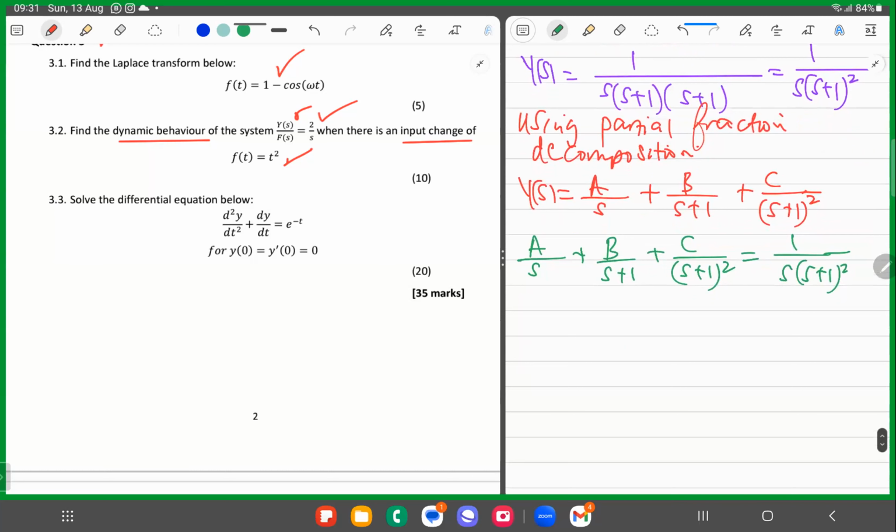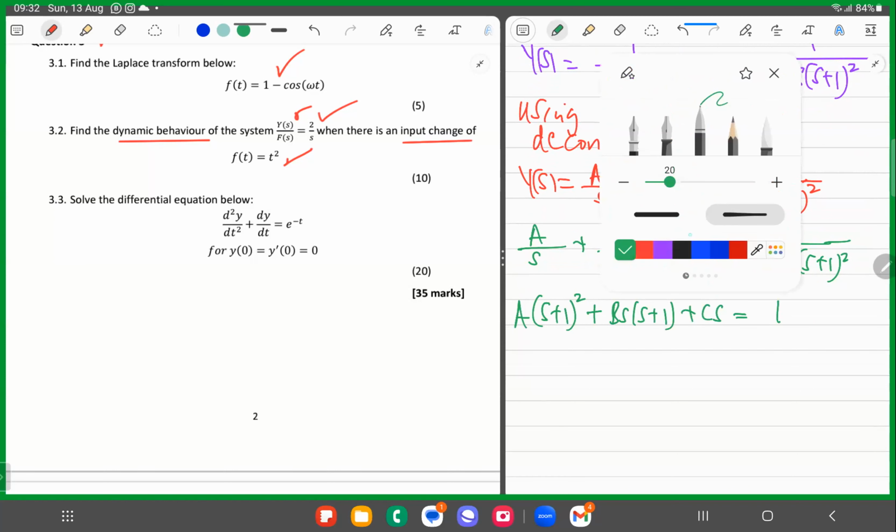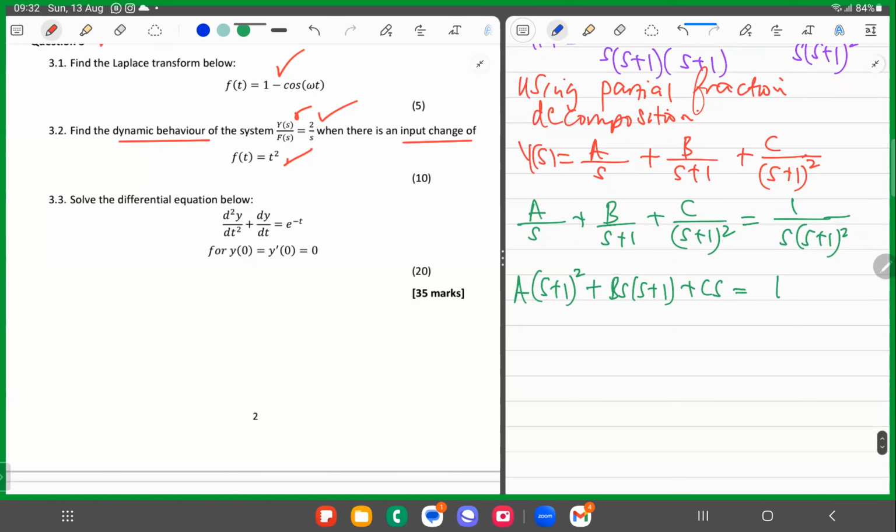So if you multiply out by the denominator, it becomes A into s plus 1 squared plus Bs into s plus 1 plus Cs is equal to 1. We're in business now because we can get this right.